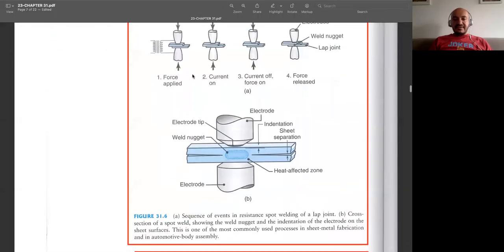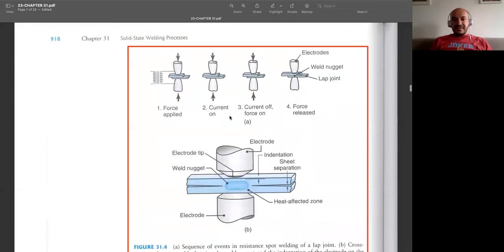So let's have a look at the fundamentals of this process, how we do it. These blue ones are the parts we want to join together, and these gray ones are the electrodes. You see upper electrode and lower electrode. They are made of the same material. Now once we apply force, a little pressure, we turn on the current, and current will be flowing from one of the electrodes to the other one.